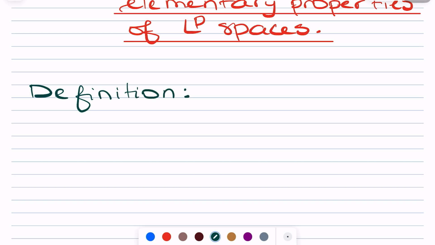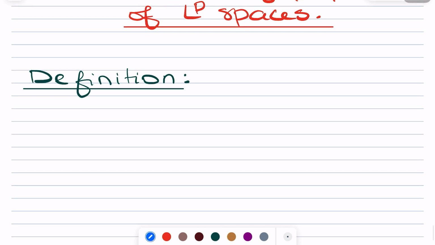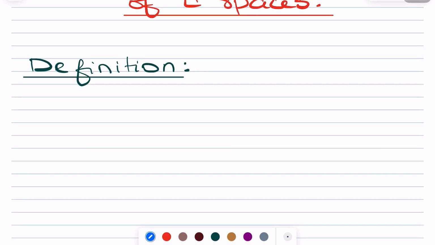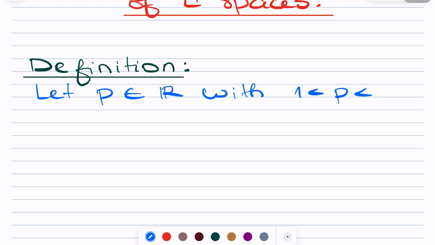Okay, so let p in R, with p strictly greater than 1 and strictly less than infinity.